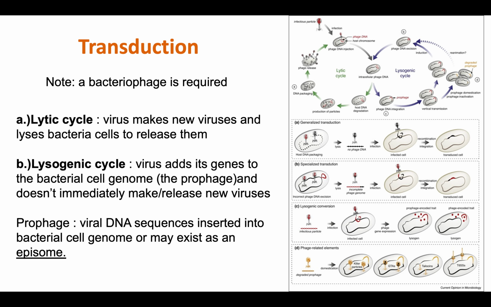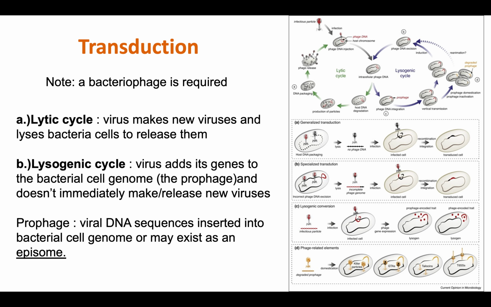At some point, and they're not quite sure what targets the startup of its assembly and release, the virus's genome will then be released or get out of the chromosome, and will start going through the process of biosynthesis and assembly, and then finally making new viruses.